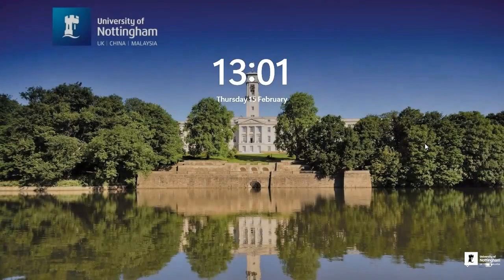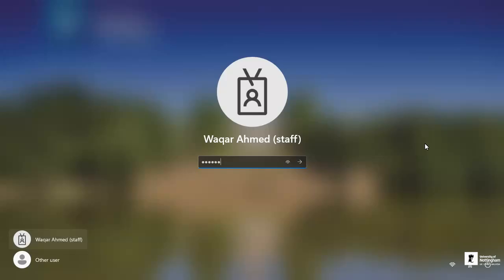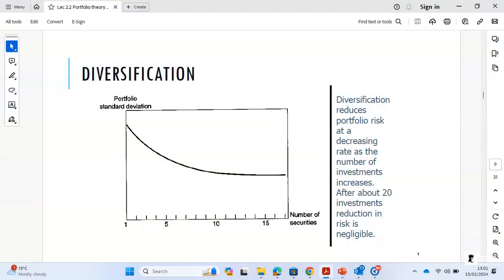So, let's say you reach about 10, 12 securities; as you add on 13 or 14, the reduction in risk is quite small. Okay, good. Do you guys have any other questions here?